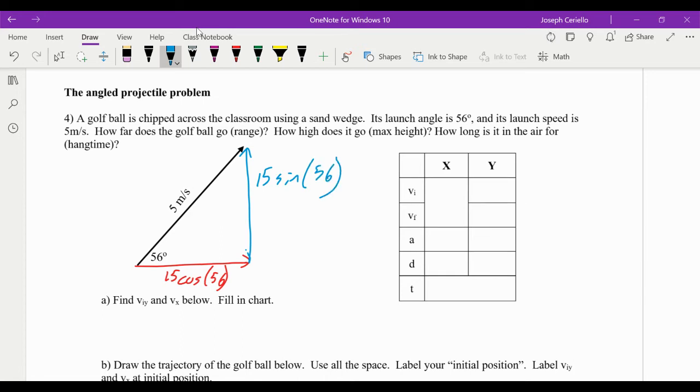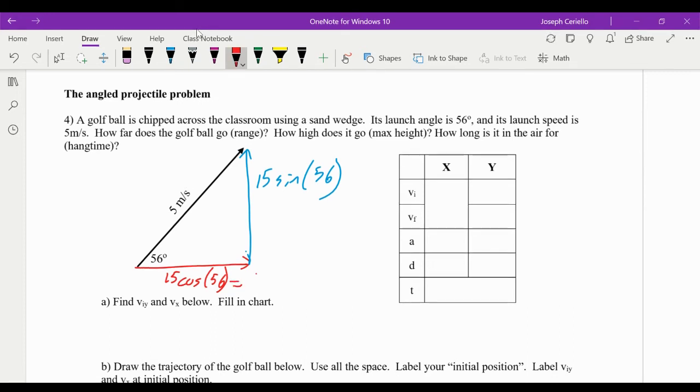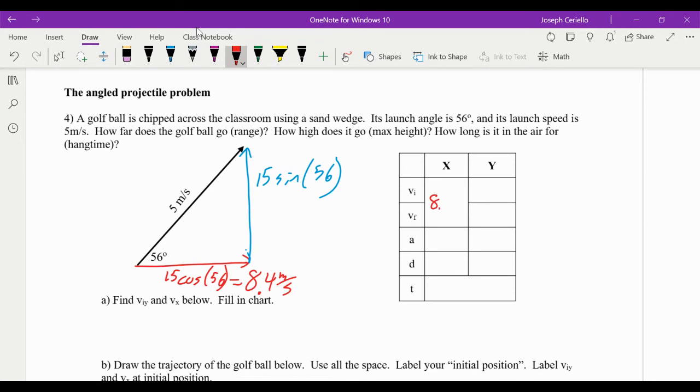All right, so let's really quickly calculate those. So I have 15 cosine 56. That comes out to be 8.39, or we'll call it 8.4. It's a little bit rounded, but that's okay. 8.4, so that is my x velocity. All right, let's do 15. Oh, sorry, it's not 15, it should be 5. Let me erase that, apologize for that.